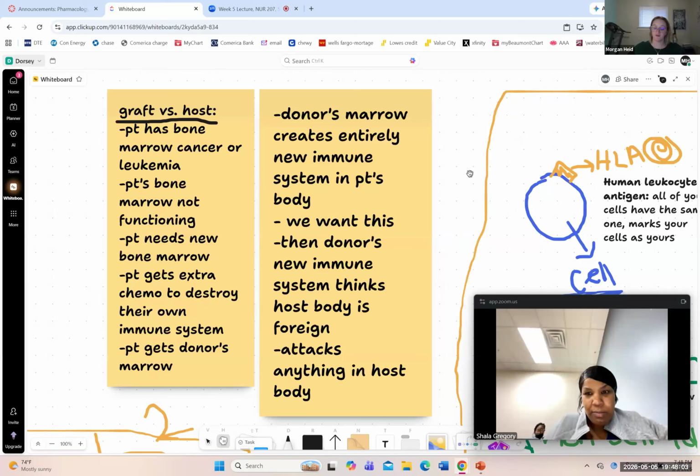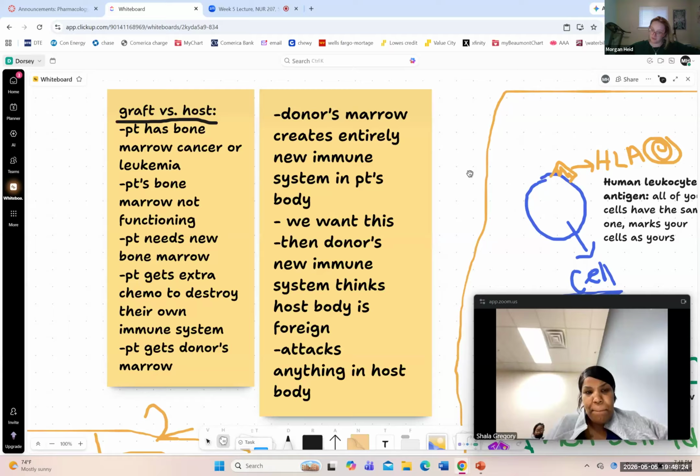Yeah. Whatever's left of my patient's immune system, the bad one, I have to kill it all. I have to kill everything that's left in there. So they're going to get loads of chemo to bring their immune system basically down to zero. Then we take the donor's bone marrow and do the transfer.